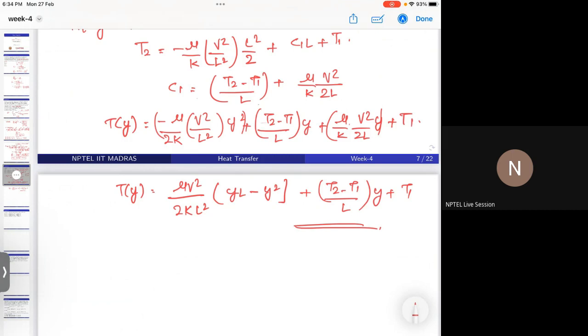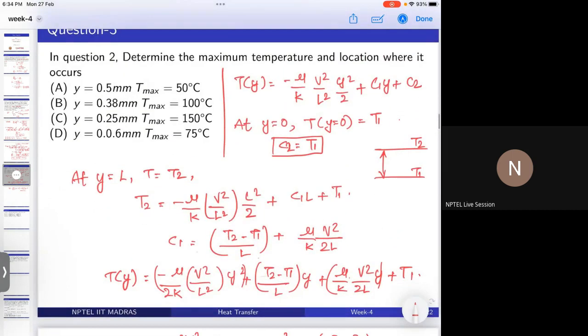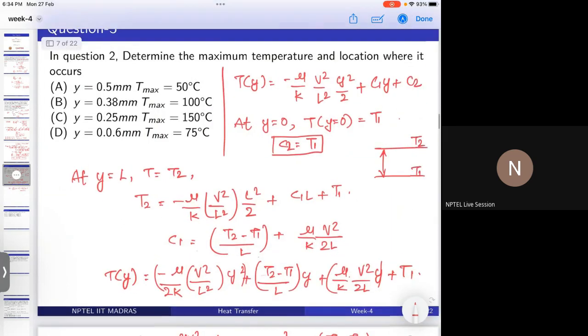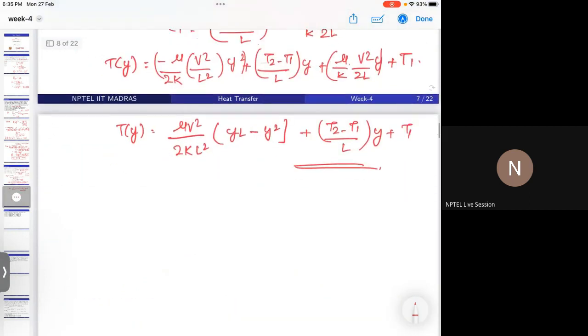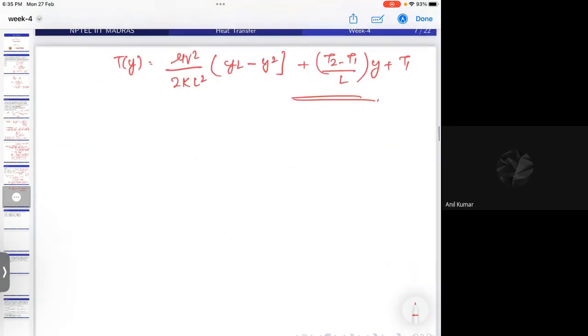Now we can start this third question. How do we determine the maximum temperature? We are given the temperature profile. So how to determine at what location the maximum temperature is happening, and what is the value of that? So dT by dy should be 0.